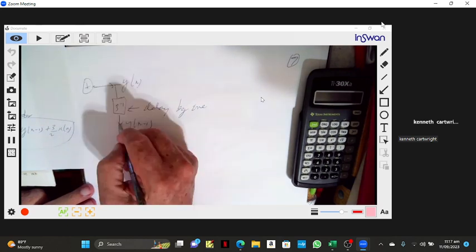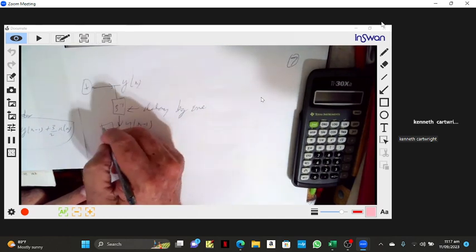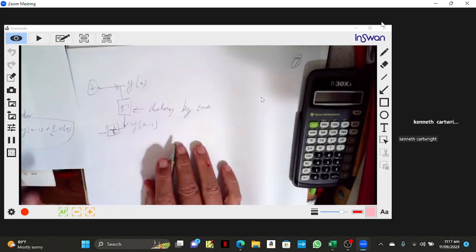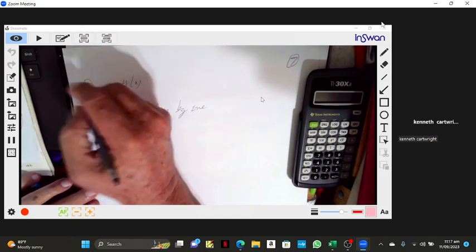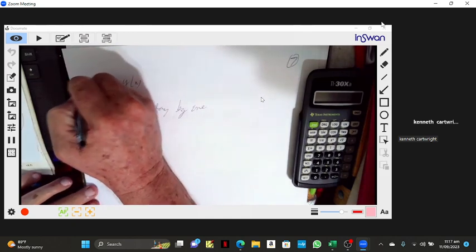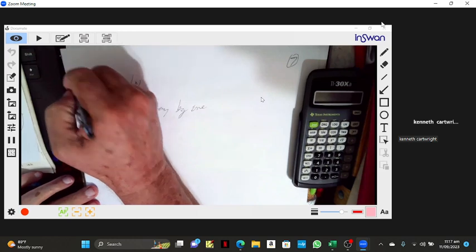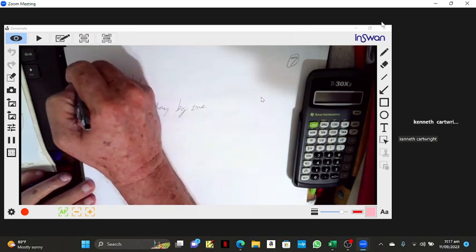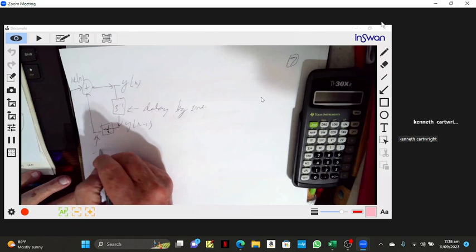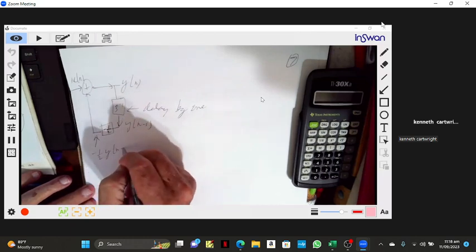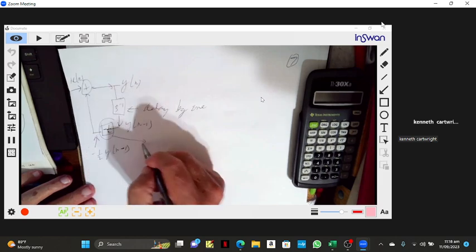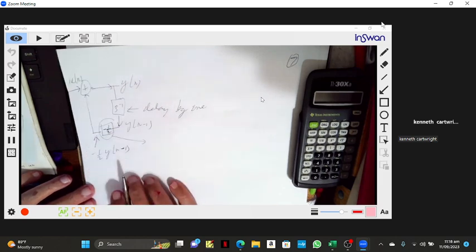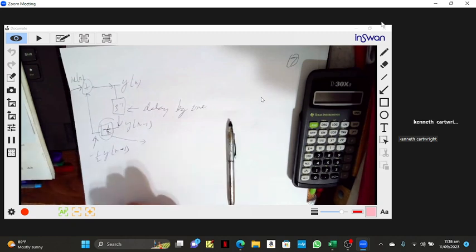I'll have a coefficient here of negative a half. This goes up here, and this is x of n, my input. So right here would be negative a half y of n minus 1. What do we call that in 410?